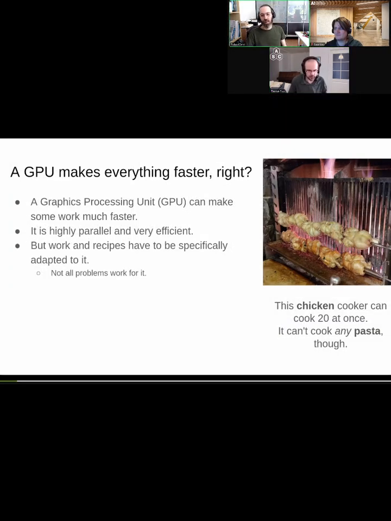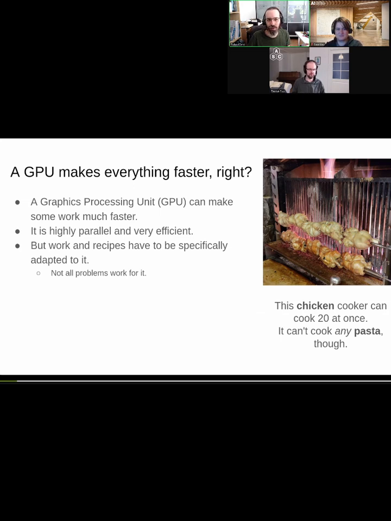There's a question about what's a GPU, and I just really like this picture I got. Not because I eat chickens, but the CPU, the processor, can do basically anything, like you can cook anything on the stove. But a GPU is a very specialized cooking appliance.